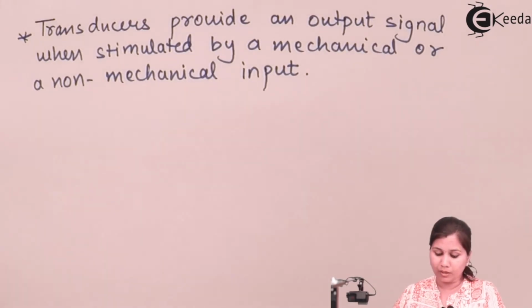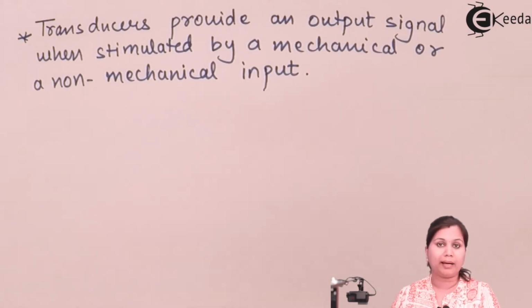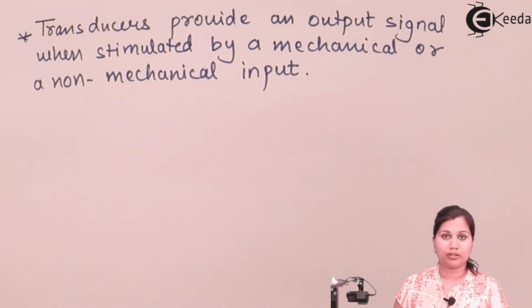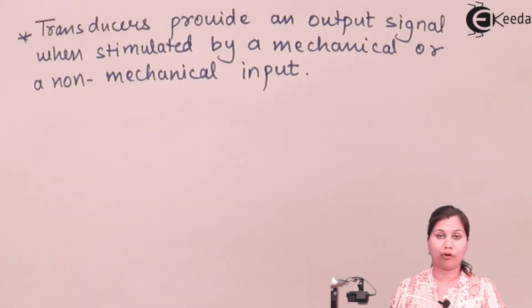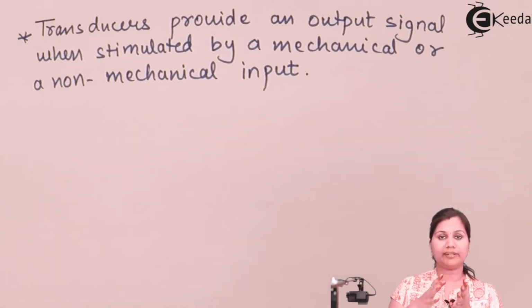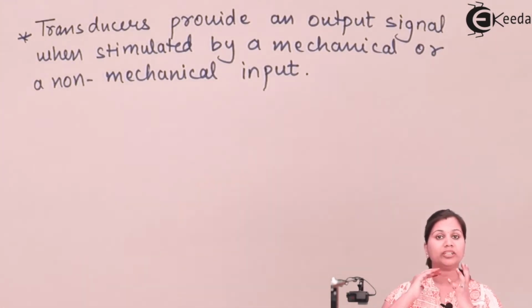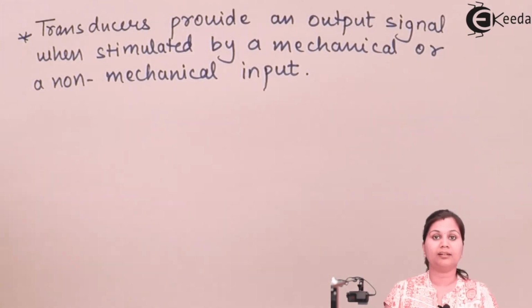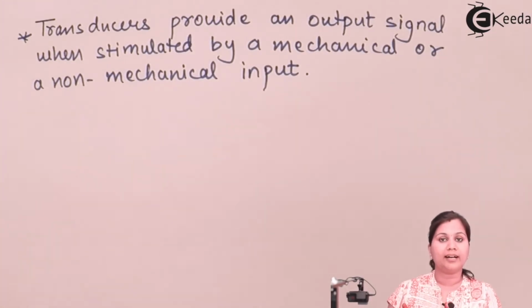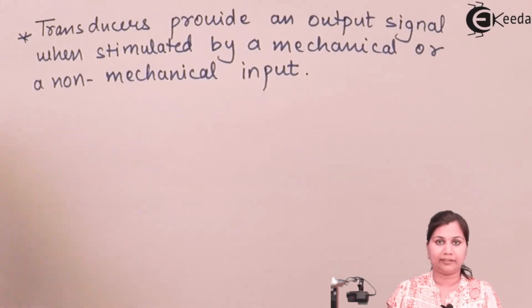Now, as the output given by the transducer is an electrical output or some other form of energy, there is a division of transducers on the basis of the nature of the output. If the output is an electrical quantity, it will be an electrical transducer; there are also mechanical transducers and acoustic transducers. So depending upon the nature of the output given by the transducers, they are divided into different categories.